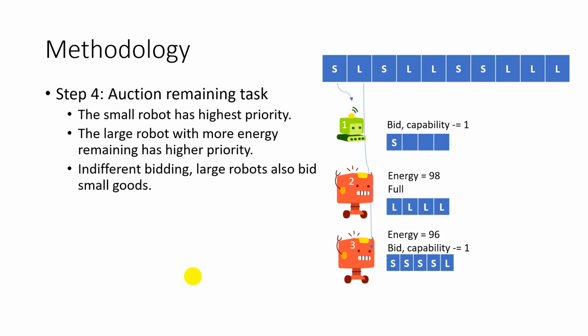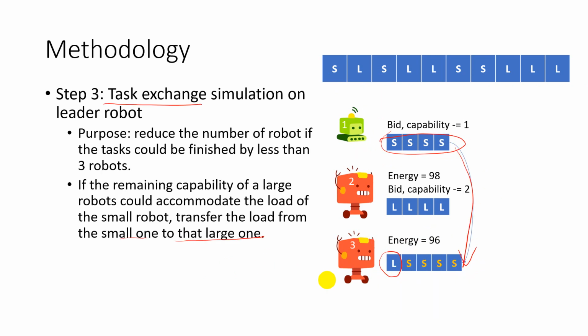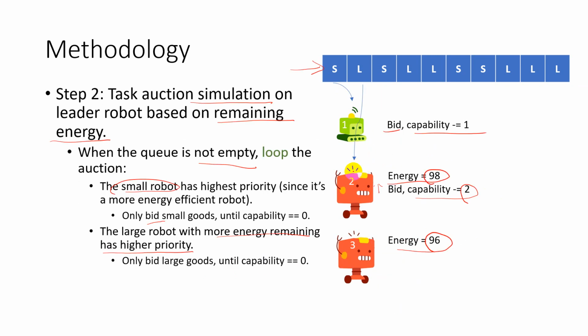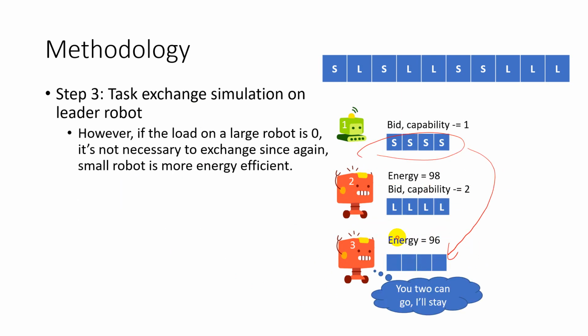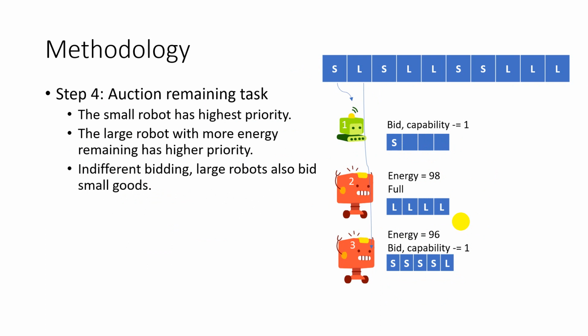And then the next step is to auction the remaining tasks, because in step 2 the large robots only bid for the large goods. So after the exchange, they can auction again, and here is the indifferent bidding, so large robots can also bid on the small goods.